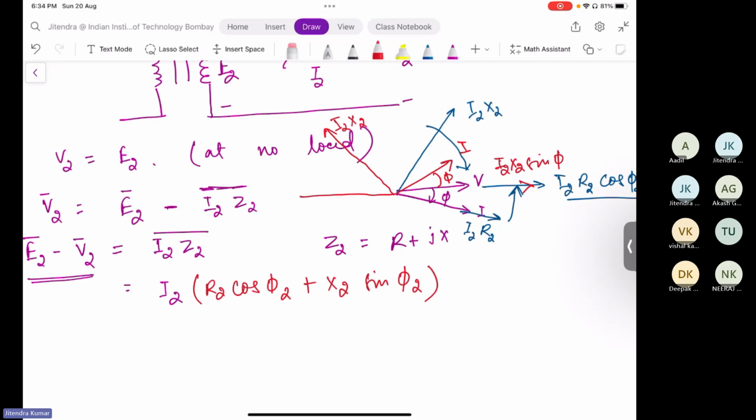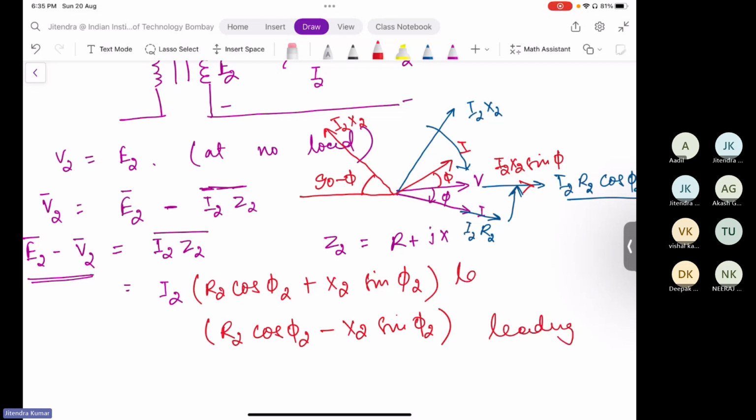If you multiply with sin phi 2, this will be 90 minus phi. So if you break that component along V, it will be opposite to the direction of V. Hence, that vector you can write as I2 R2 cos phi 2 minus I2 X2 sin phi 2, when current was leading. The first case was for lagging. Did you get it?